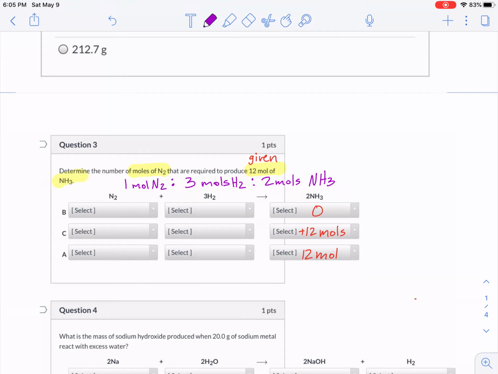We have a 1:3:2 ratio. Some of you at this point can do parts of this in your head when it's basic ratios, but I'm going to go ahead and show you the math. I recommend always doing the math just to make sure you understand what you're looking at.